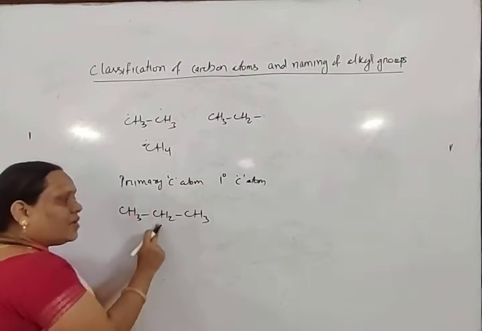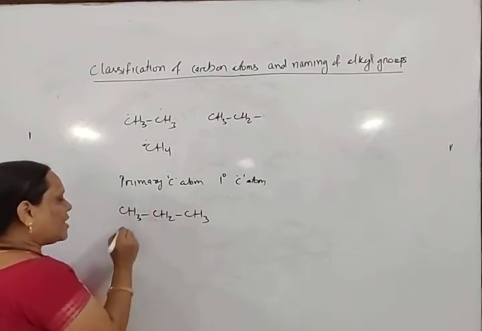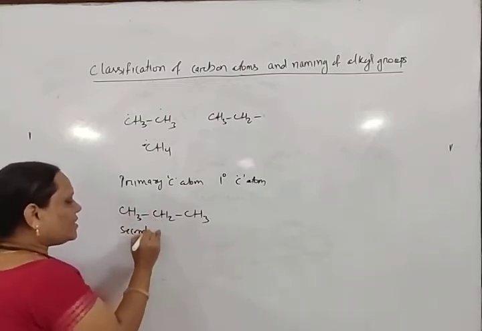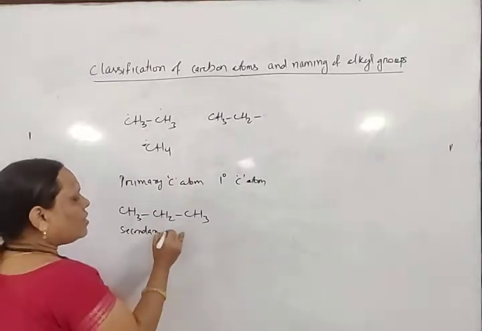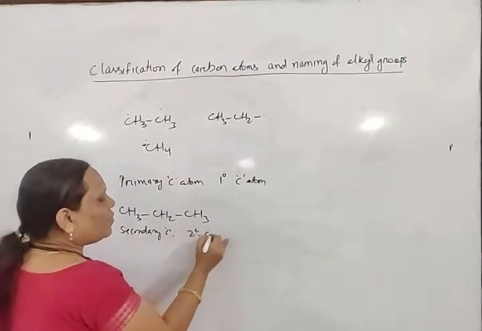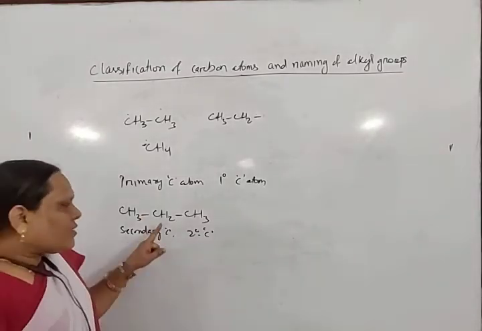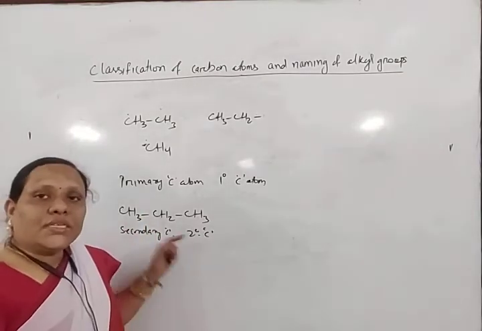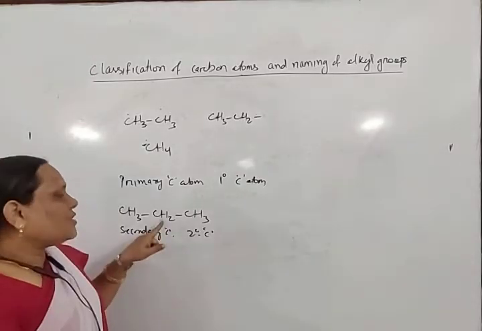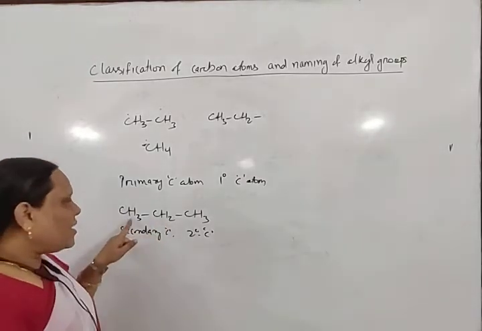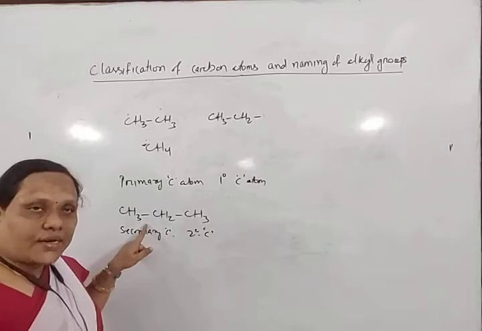So this carbon is known as a secondary carbon. We can write this is secondary carbon, or 2 degree carbon atom. The hydrogen attached to the secondary carbon is known as the secondary hydrogen atom. So there are 2 secondary hydrogen atoms and 6 primary hydrogen atoms.